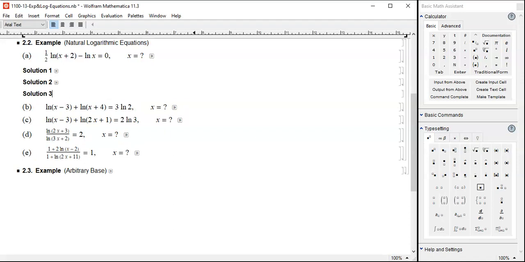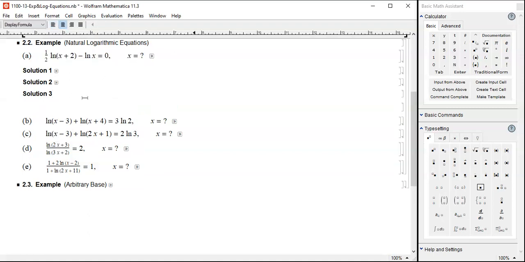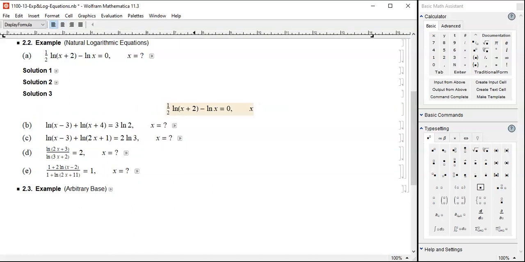Here's another method. Now this method is kind of a gimmick. It doesn't always work, so I pushed it all the way over to method 3. But let's go ahead and do that. So from the original equation here, one half log of x plus 2 equals log of x.